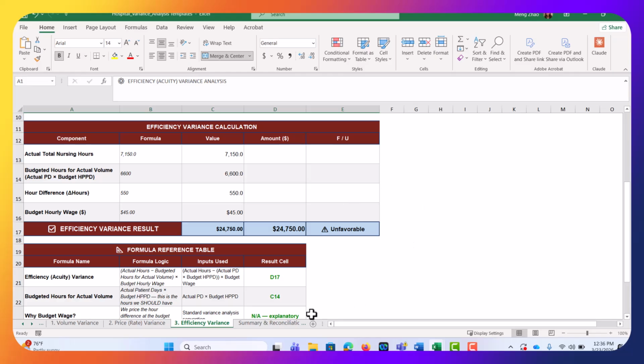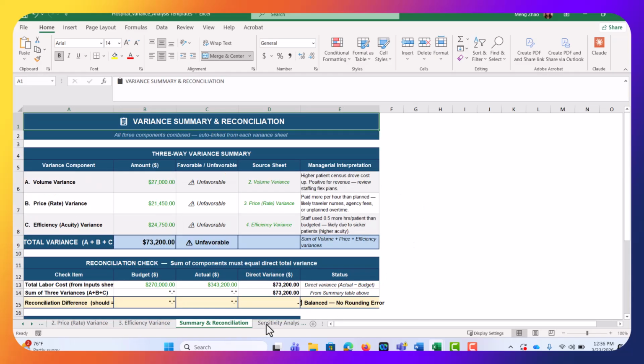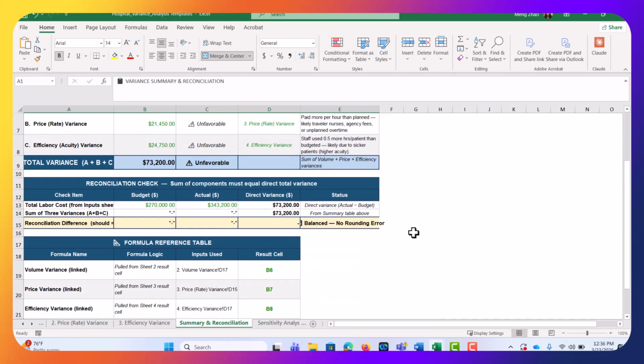Now let's open the summary and reconcile sheets. By using the reconcile sheet, we want to double check that the sum of the volume variance, price variance, and efficiency variance equals the total direct variance.